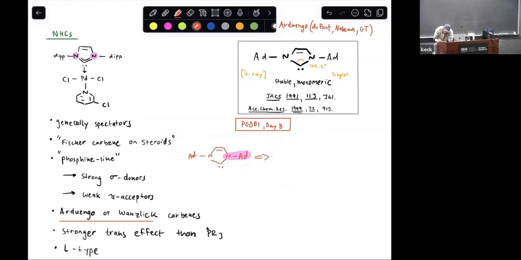So your building blocks are going to be, and then what order you put them together. And I think you said also you're going to treat with base. So often for NHCs, the starting material are these imidazolium salts. That's true here too. And then you have an X type. And then treat with base.